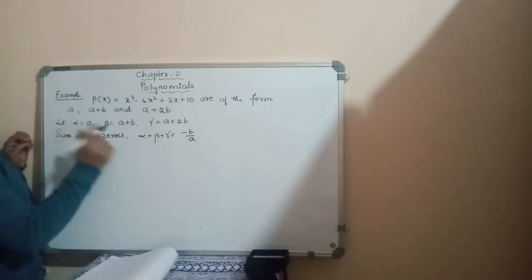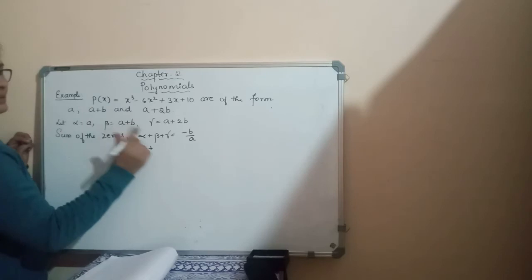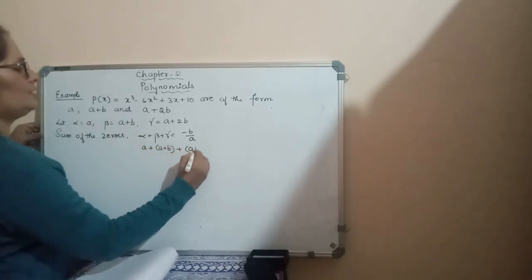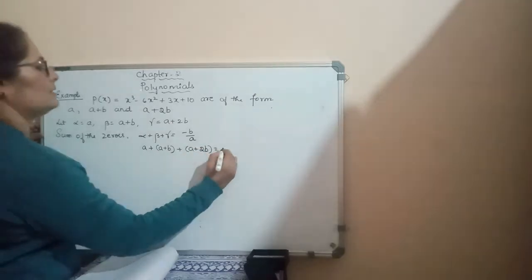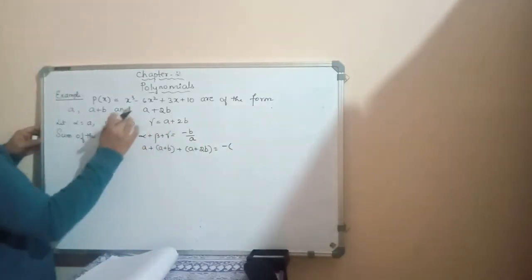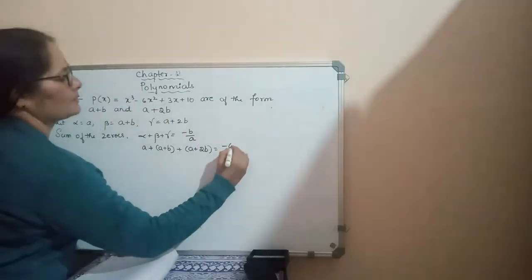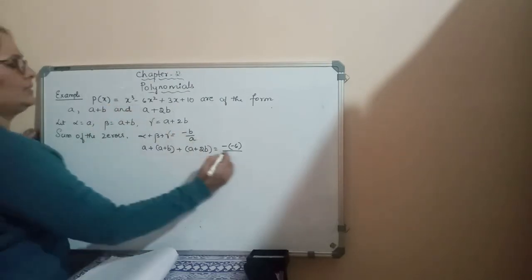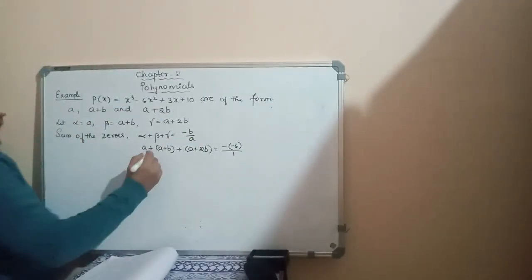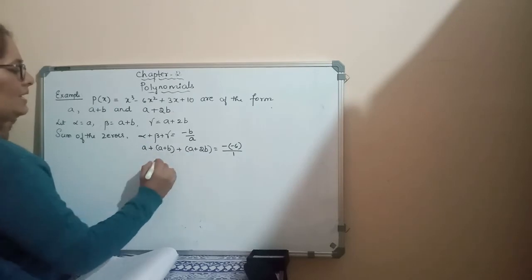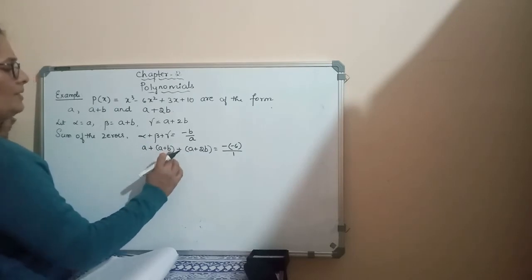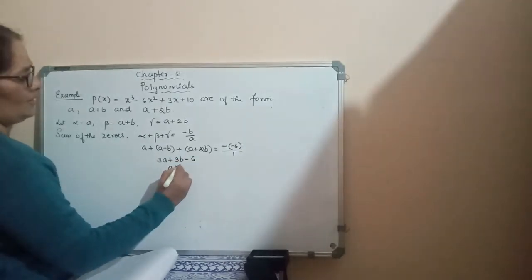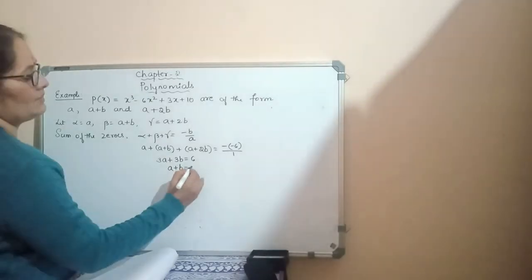Alpha here is a, beta is a plus b and gamma is a plus 2b, equals minus, what is b over here? Minus 6. The coefficient of x cube is 1. So a plus a plus a is 3a, b plus 2b is 3b, equals 6. So a plus b equals 6 by 3, which is 2.